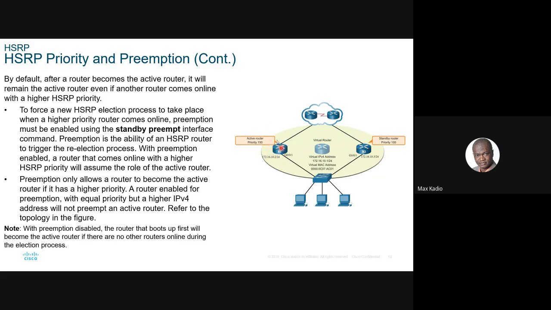If R1 is up and running and you want it to become the active router again and take over from R2, you must use the command standby preempt. So you can read this one. If you have questions, you can let me know.